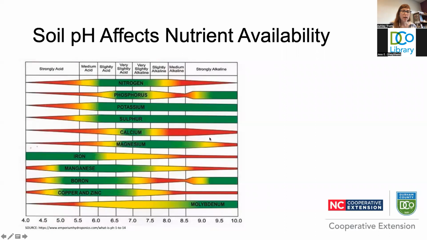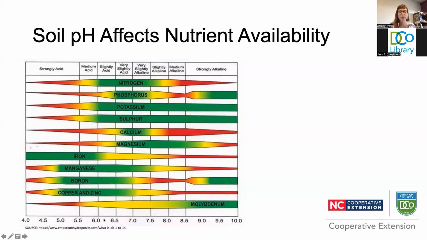This is a chart showing a number of elements that are essential for plant growth, with pH along the bottom. If a bar is red, it means that, for example, molybdenum is really not available. See this red section under 5.5. Between 5.5 and, we'll say, 8.5, molybdenum is available. Above 8.5, it's very available, right?